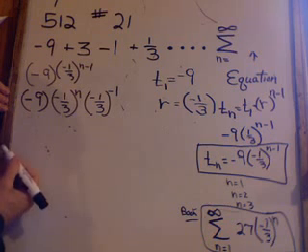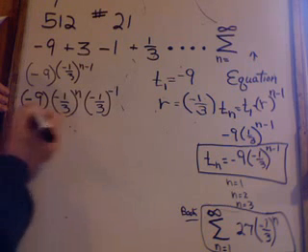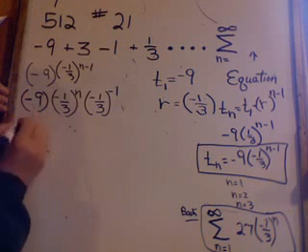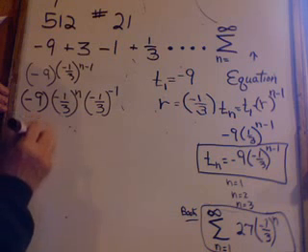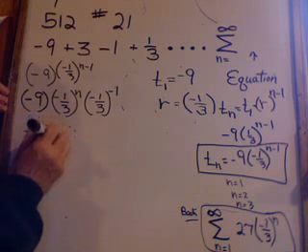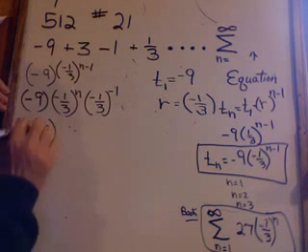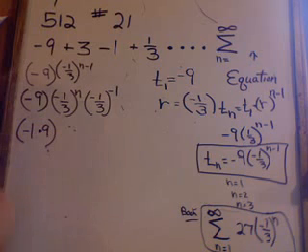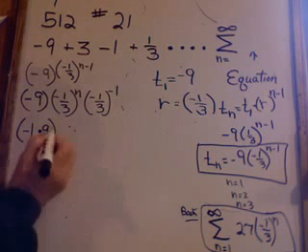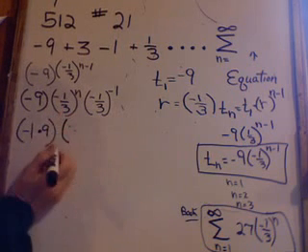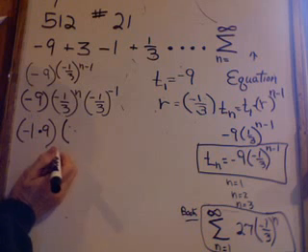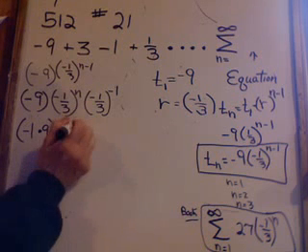Okay? Now, the next step is I'm going to rewrite some of these. For example, the negative 9 could be written as negative 1 times 9, or 1 times negative 9. I'm choosing negative 1 right now, and you'll see why in a minute. But you can always try it both ways, see which works for your particular problem.